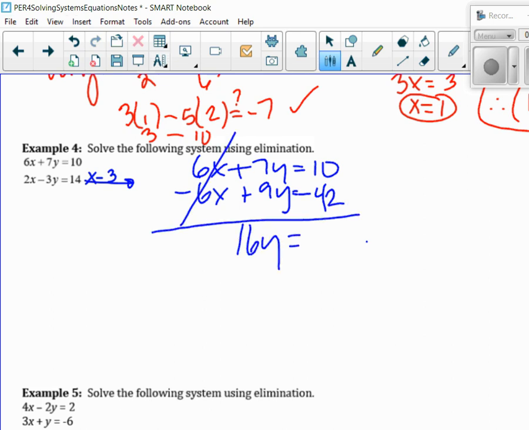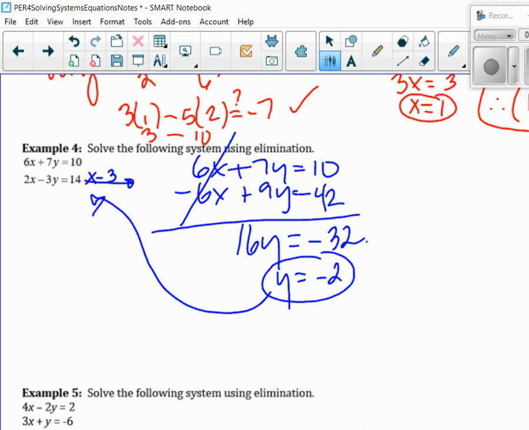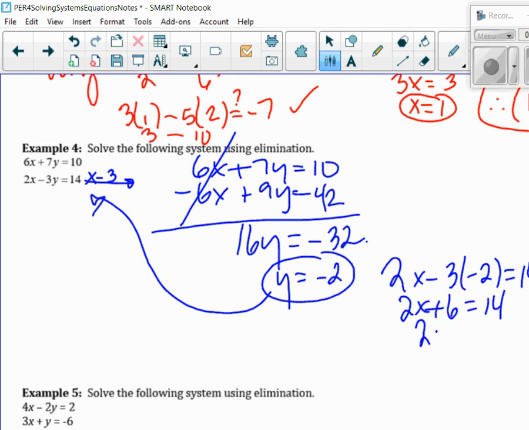So I get 16y equals minus 32, so y equals negative 2. Now I'm going to sub that back in, doesn't matter which one. 2x minus 3 times minus 2 equals 14. 2x plus 6 equals 14. 2x equals 8. So x equals 4. So therefore it is (4, minus 2).